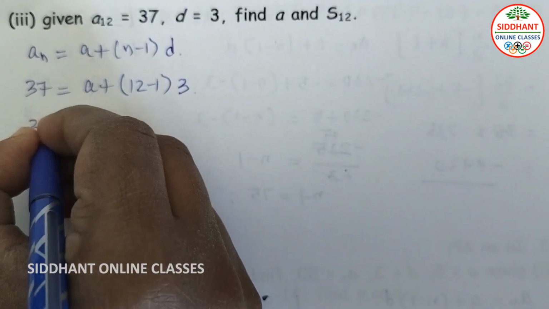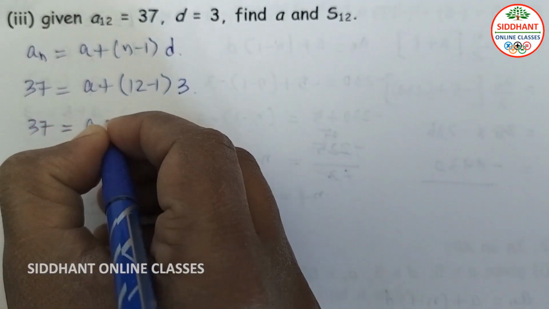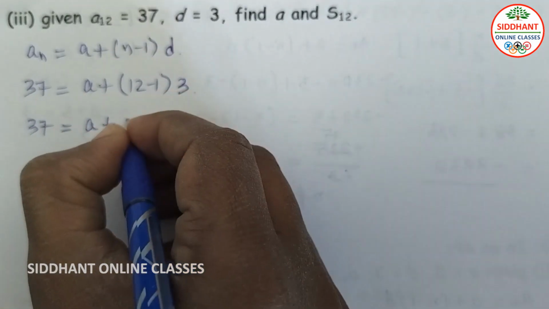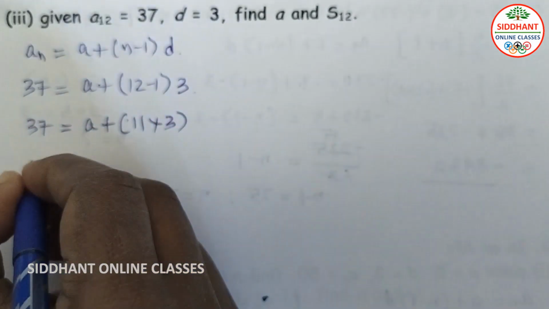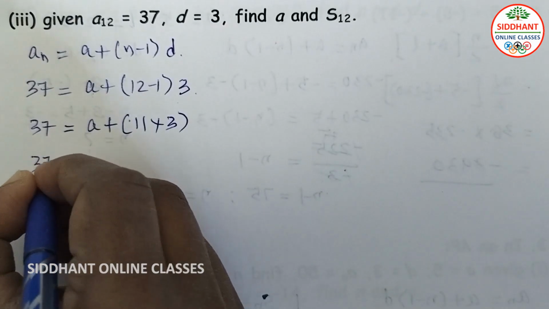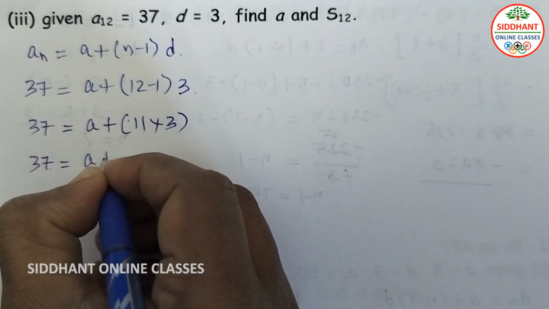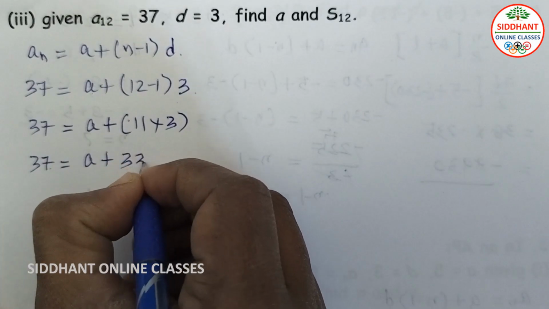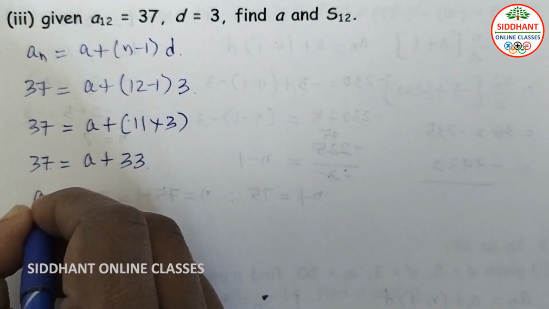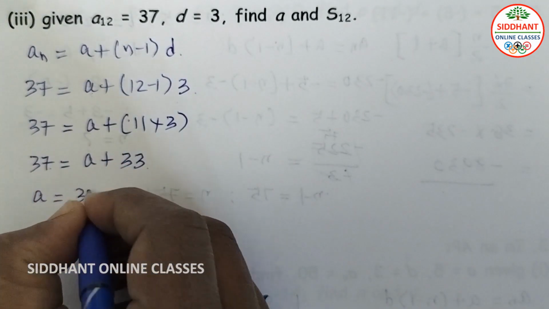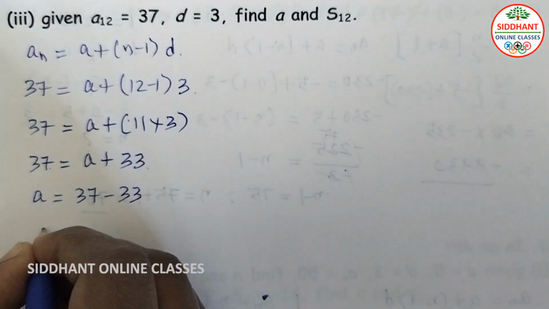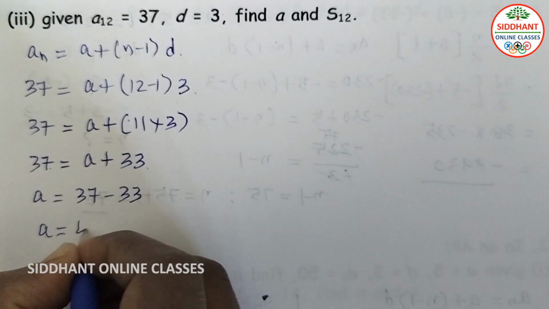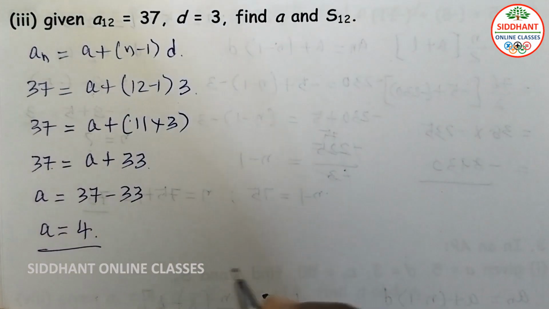Now 37 equals a plus 12 minus 1, that is 11 into 3. So 37 equals a plus 33. Now a equals 37 minus 33, and a equals 4.